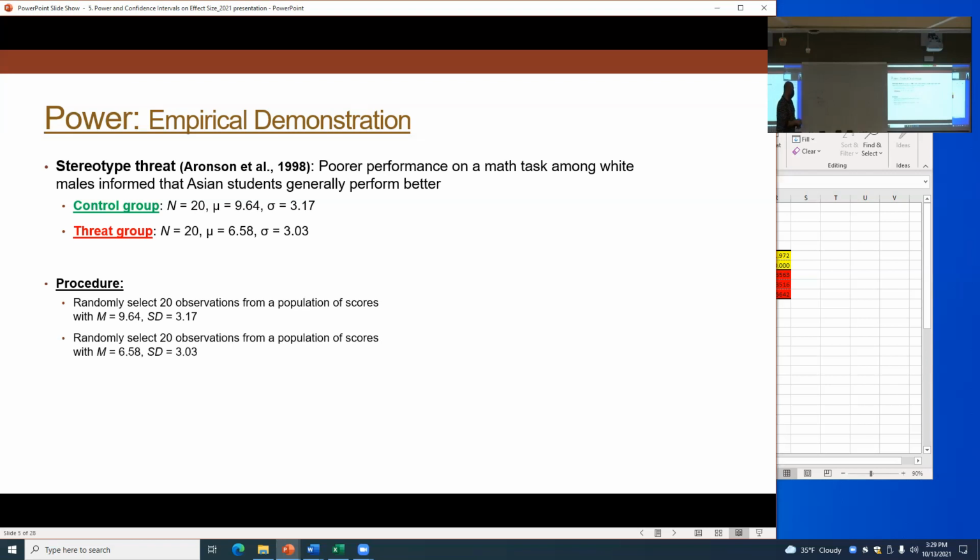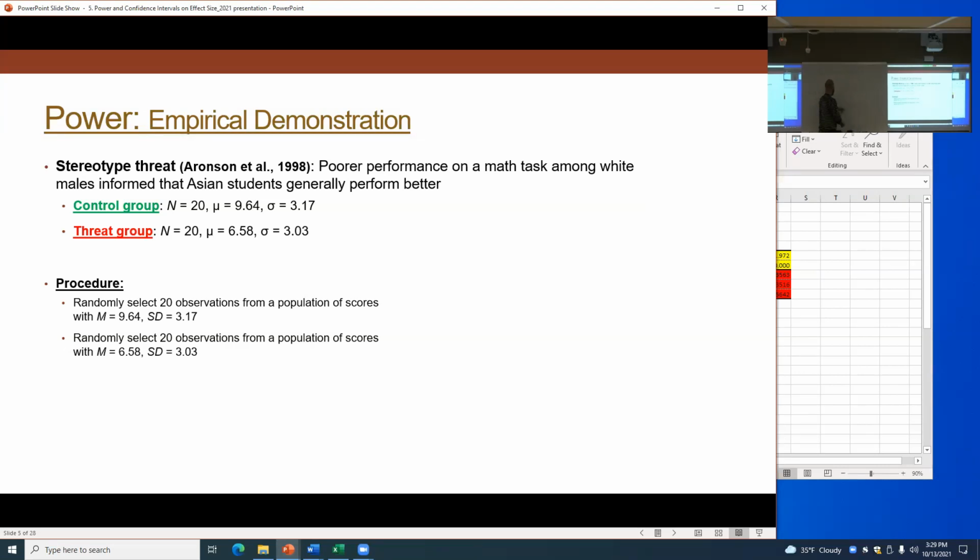And then I'm going to do the same thing, but this time I'm going to create a different empirical distribution, population of scores. This time I've got mean equals 6.58, standard deviation is 3.03, okay?